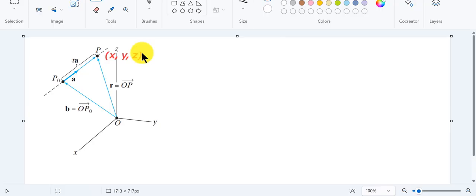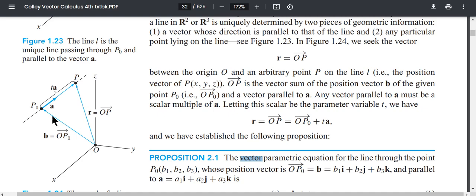But just a quick reminder, we said that we want the point P to be kind of general. It can be any point. So we don't want to call it x0, y0, z0. We try to indicate that it's general by just calling it x, y, z. But for OP and A, we already have the coordinates.